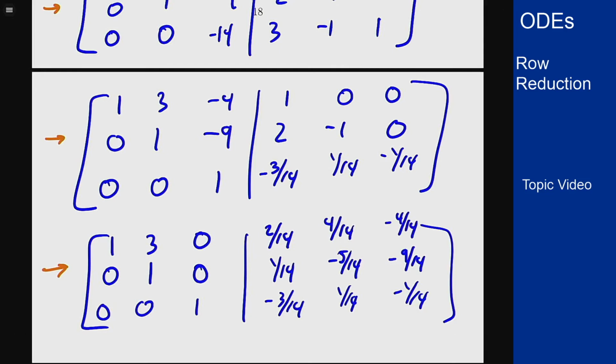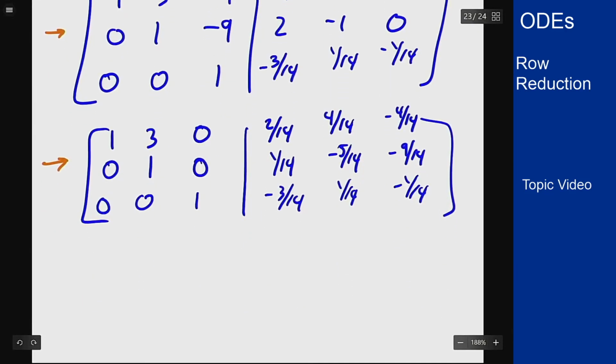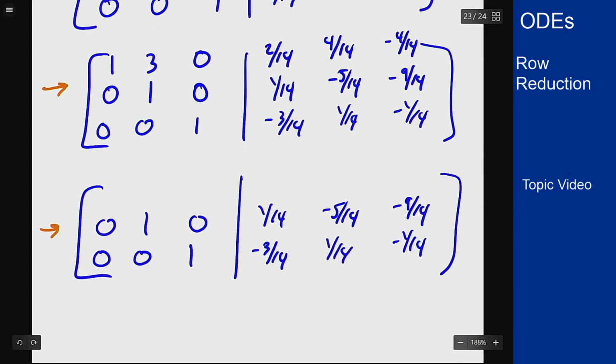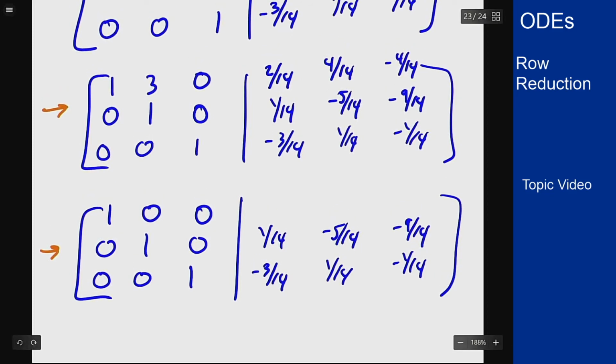It makes sense to leave these in terms of a denominator of 14 because that's going to cancel out with the next step that I have to do, which is subtracting 3 copies of row 2 from row 1 to get rid of this 3 that is here. So the bottom 2 rows will stay the same. The first row here now becomes a 1, 0, and a 0. I'm now doing 2 over 14 minus 3 times 1 over 14. It's a -1 over 14. 4 over 14 minus 3 times -5 over 14. So that's 4 plus 15, or 19 over 14.